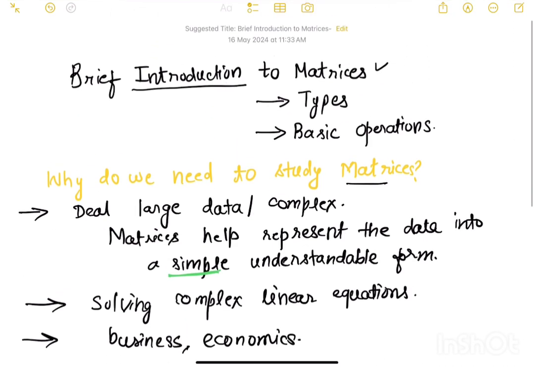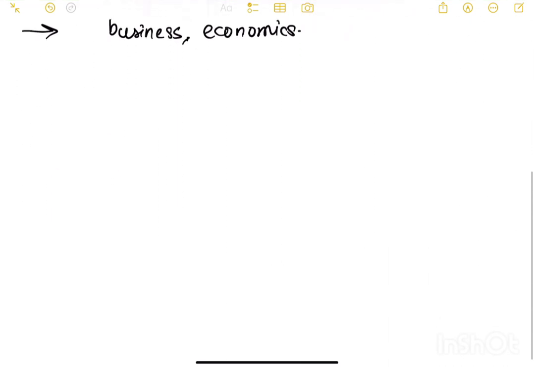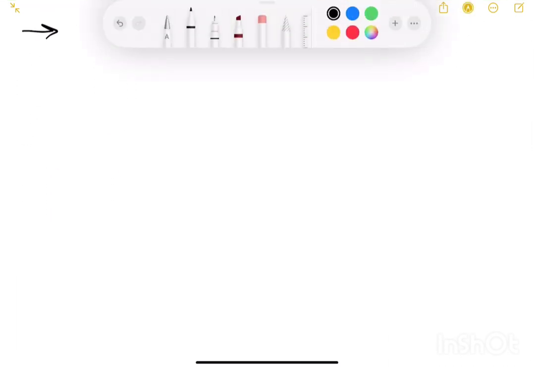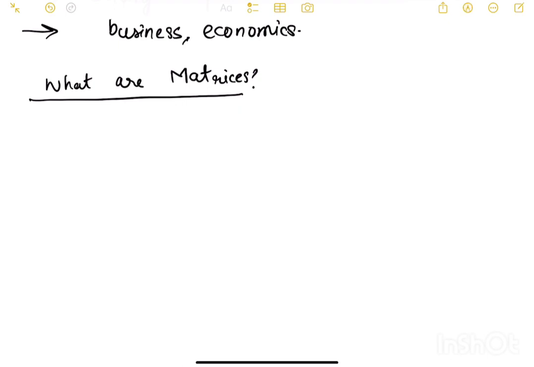So now this gives us enough incentive to get to the definition, the next part, right? So what are matrices? That is the main question that we must have in our minds.